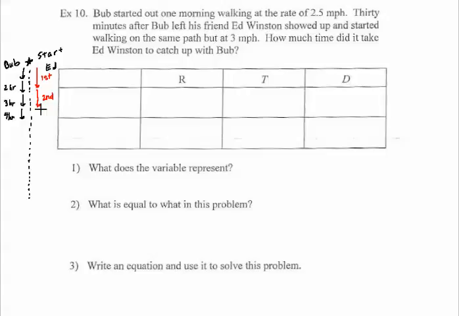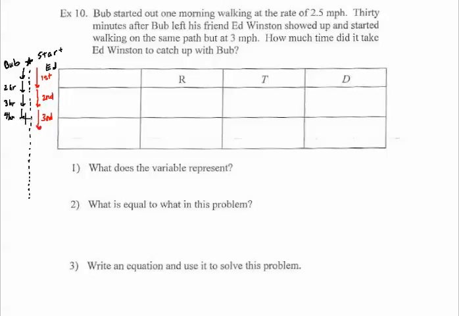Now, if Ed travels for 1 more hour, then you see in only traveling 3 hours, he's passed Bub. Bub has been traveling for 4 hours, but he's only gone this far. And here, this third arrow of Ed's overtakes Bub's.